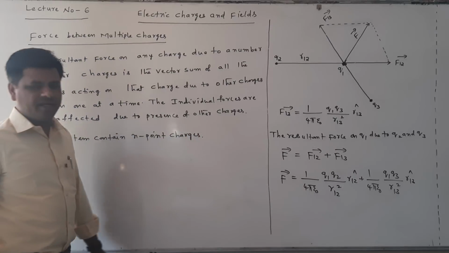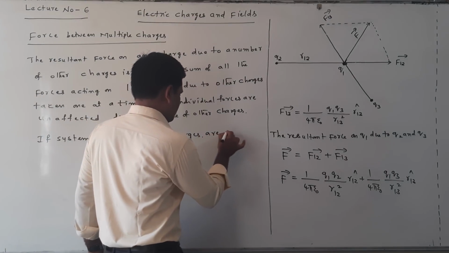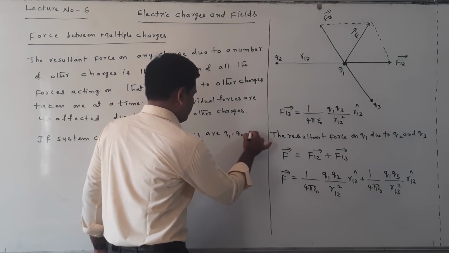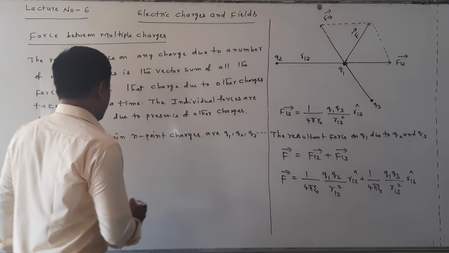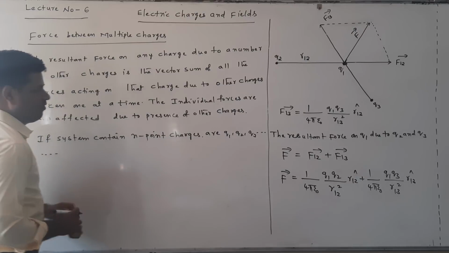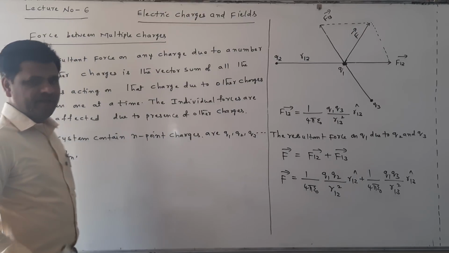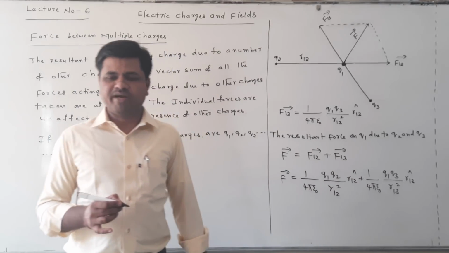If a system contains n point charges, the n point charges are Q1, Q2, Q3, and so on up to Qn. The system contains n point charges.